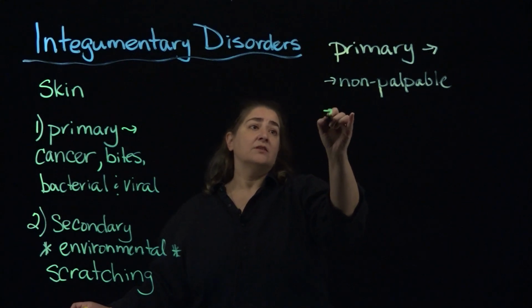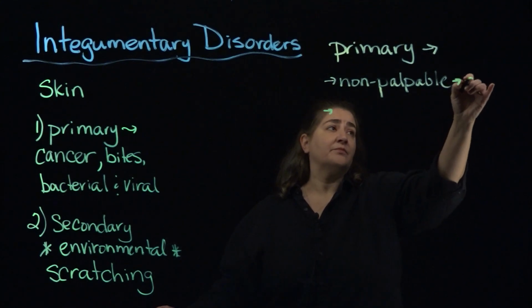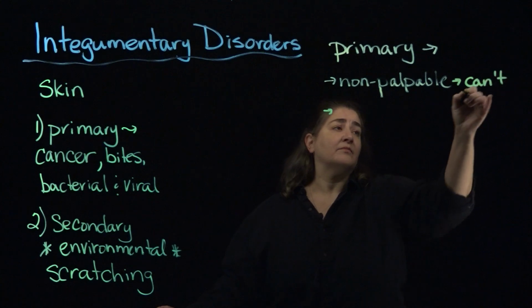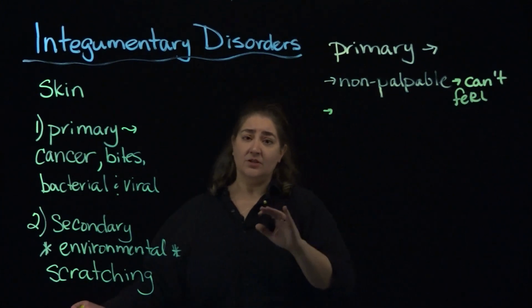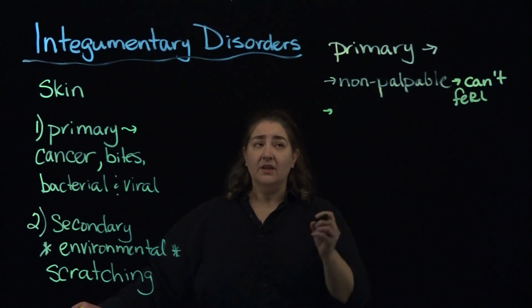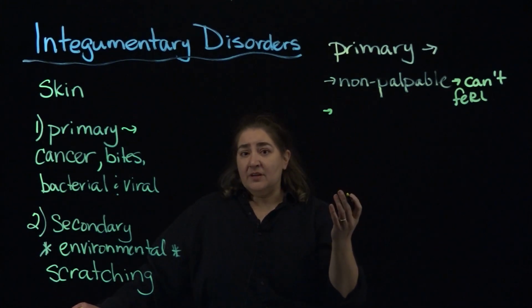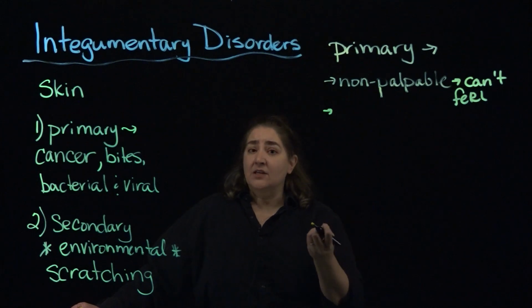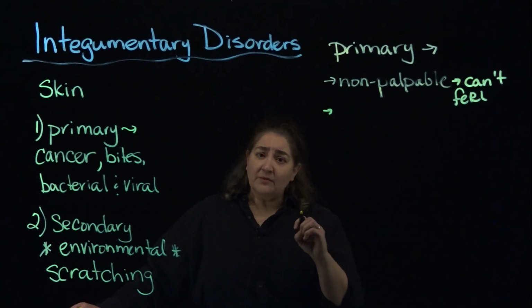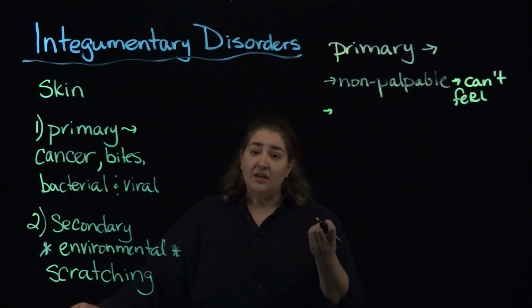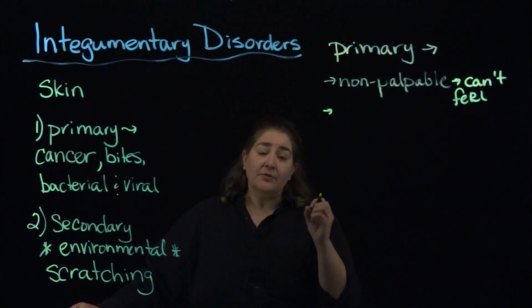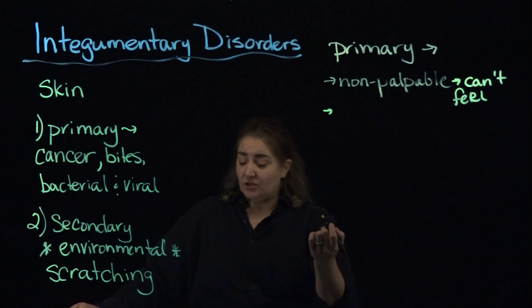Non-palpable is not something that you can feel as you touch the skin. Things that would be non-palpable are pigmentation disorders. With vitiligo, a lack of pigmentation, that would be a non-palpable type of skin lesion. The freckles that you've got on your skin from the melanin that produces that would be a non-palpable lesion as well.